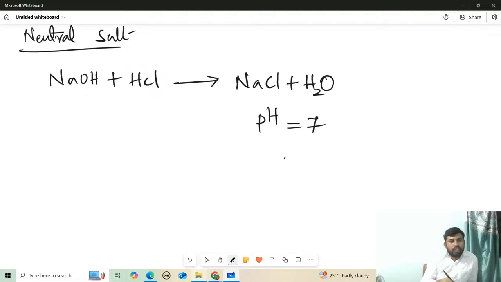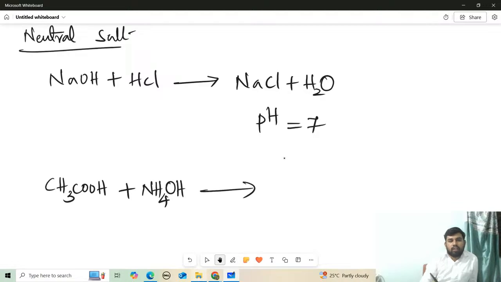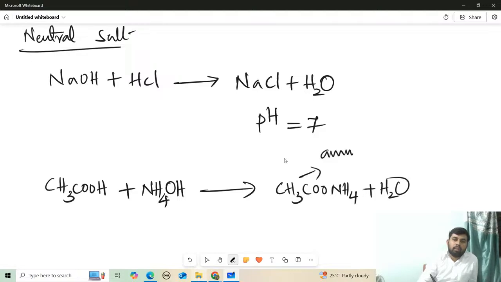Similarly, if I take a weak base, suppose we have CH3COOH, a weak acid, plus ammonium hydroxide, NH4OH. Then what will we get here? We will get CH3COONH4, ammonium acetate, plus H2O. Remember, its name is ammonium acetate.